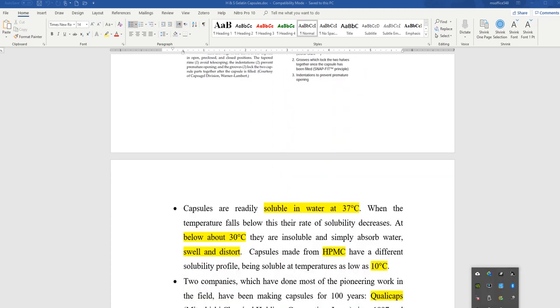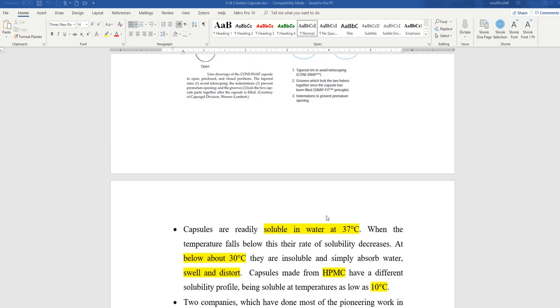Okay, we need to know the properties of the gelatin capsules. Gelatin capsules can dissolve readily at body temperature. When you swallow the capsule filled with the formulation, it will dissolve readily at the temperature of the body, which is 37 degrees.